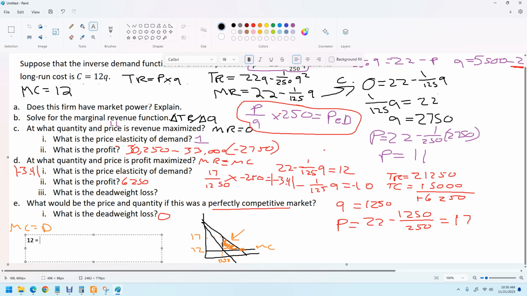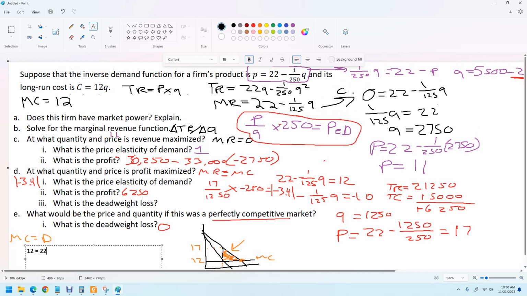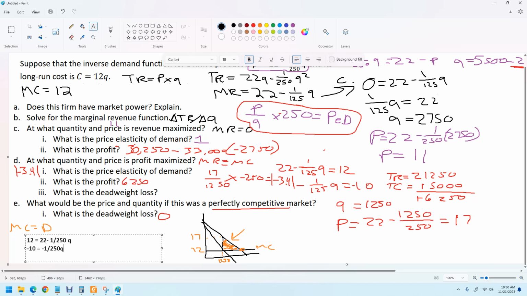Okay, 12 equals 22 minus 1 over 250 Q, and then we're solving for Q. Okay, so we're sending the 22 over to the left-hand side, so that's negative 10 equals negative 1 over 250 Q. Multiply both sides by 250. Okay, and this is pretty easy. It's Q equals 250, and then let's tack on a 0 there.